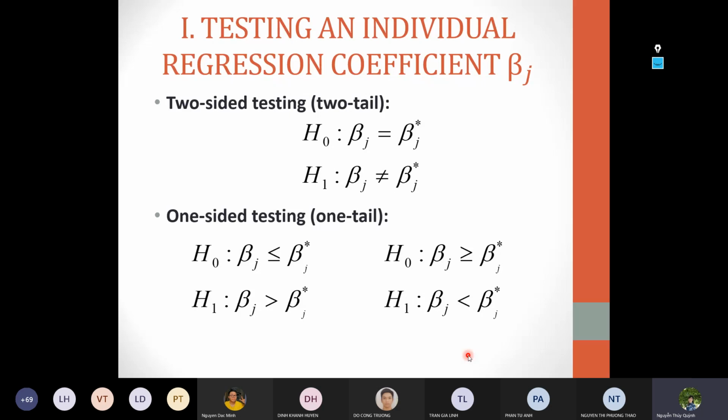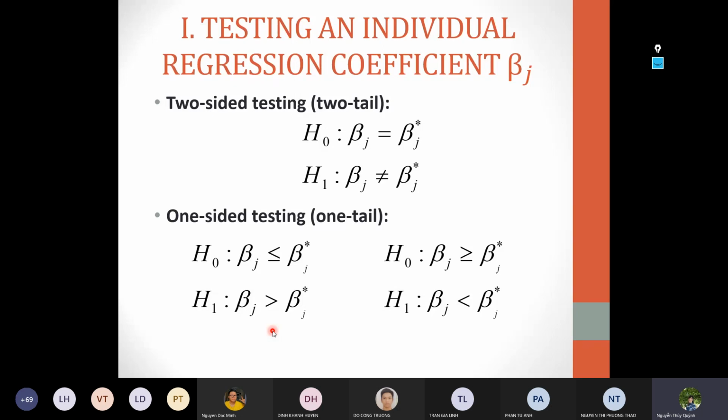If we see a different sign there, it will be a two-sided test. But if we see the larger or smaller sign, it will be a one-sided test. So whether it is one-sided or two-sided determines the critical value that we use in the test.